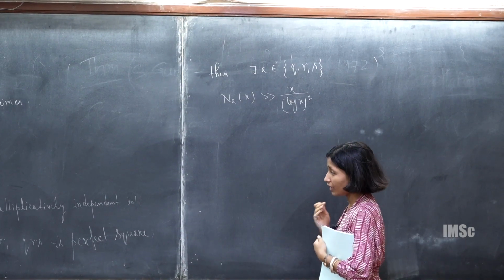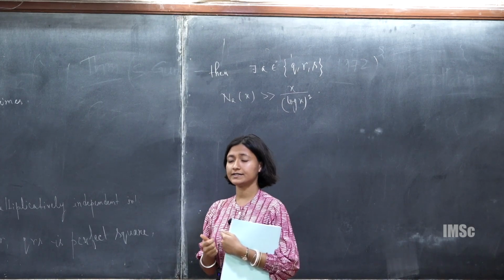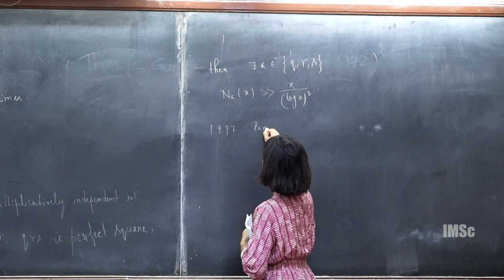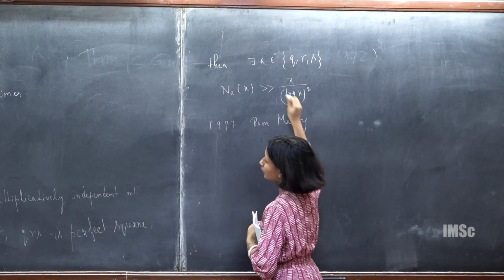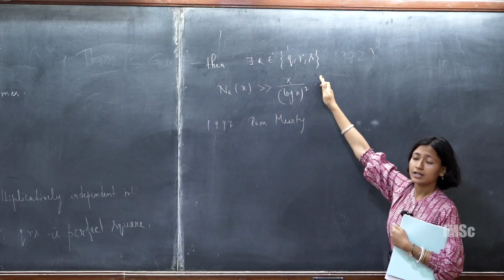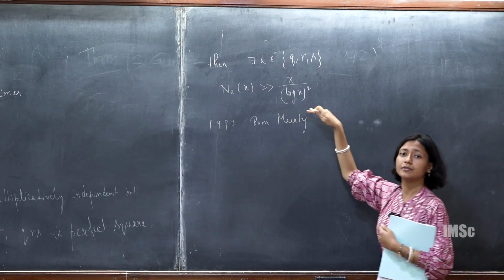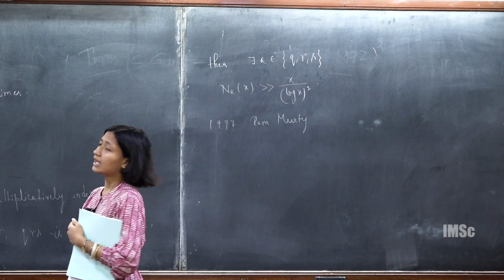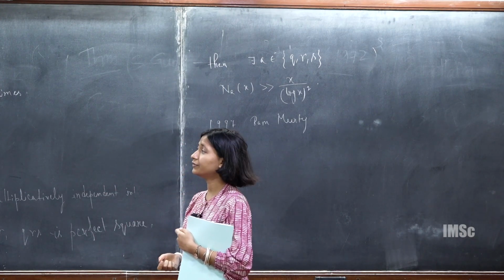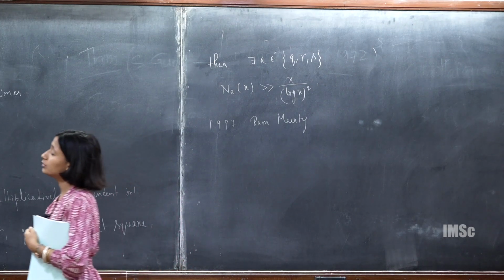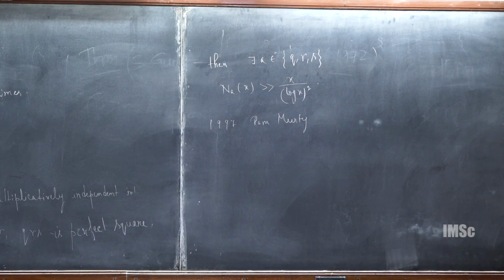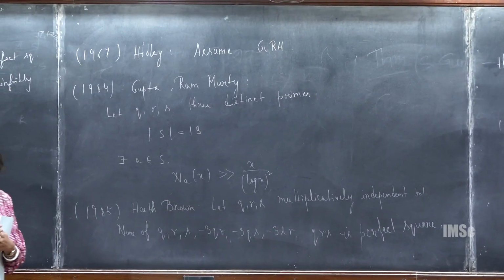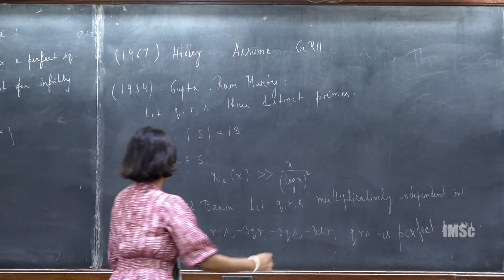Under the assumption of a zero free region for certain Dedekind zeta function, in 1997 Ramurthy proved that at least one element of Q, R, S will be a primitive root for a positive density of primes. But we are far away from Artin's conjecture, and we do not even know a single integer which is a primitive root for infinitely many primes. So we want to ask weaker questions so that we can approach those. Several variants of Artin's primitive root conjecture came up, and one of these I am going to talk about today.